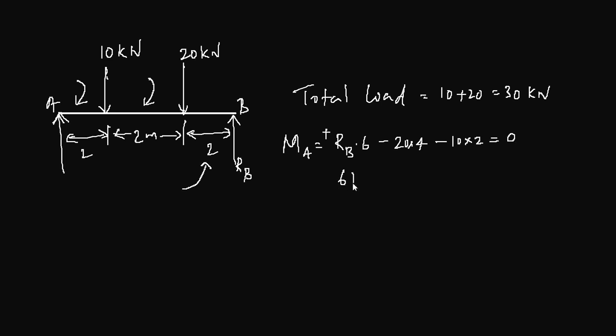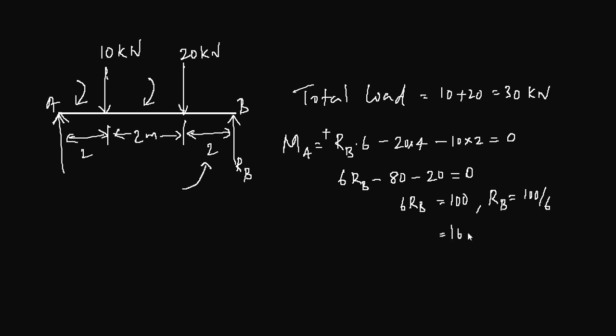That's 6 RB minus 80 minus 20 is equal to 0, or 6 RB is equal to 100, or RB is equal to 100 divided by 6, that is 16.67.